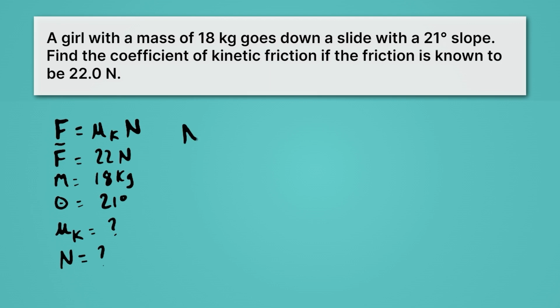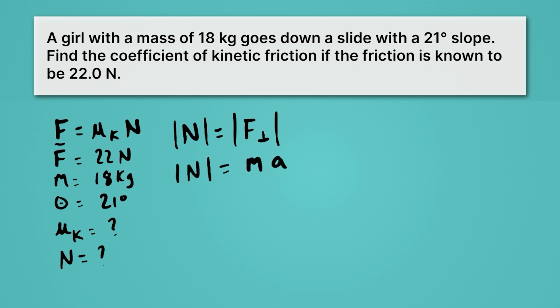Remember that the normal force, the magnitude of it, that means we're not going to worry about the direction, we're just thinking about the size of it, is equal to the magnitude of the force perpendicular to our surface. So this is the force perpendicular to the slide, basically how hard that girl is being pressed down into the slide. And now remember that we can plug in for our force mass times acceleration. So we know that the normal force is equal to mass times acceleration.